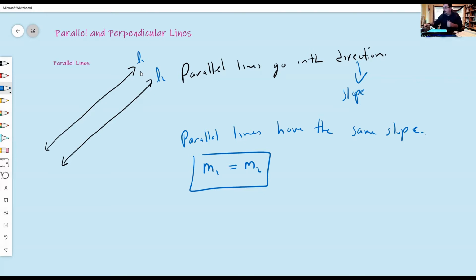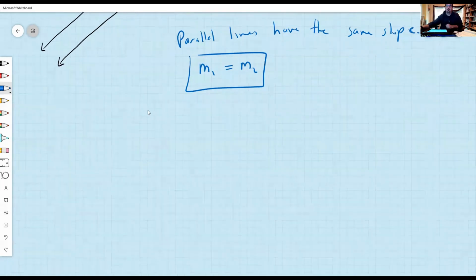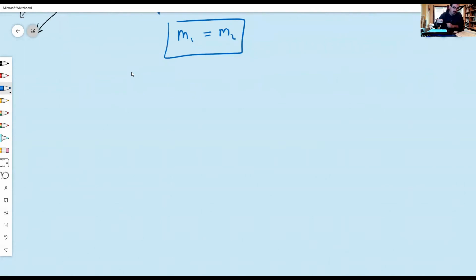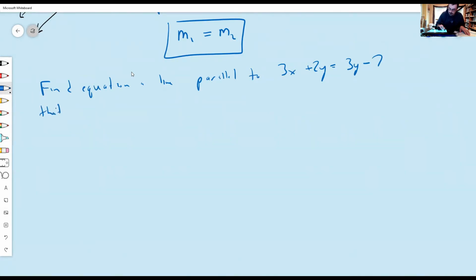All right, let's try an example of this. So let's find the equation of a line parallel to the line 3x plus 2y equals 3y minus 7 that passes through the point (3, -2).